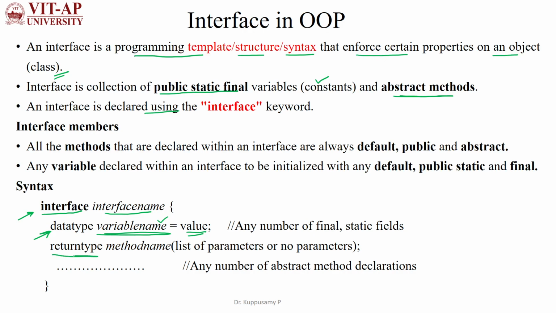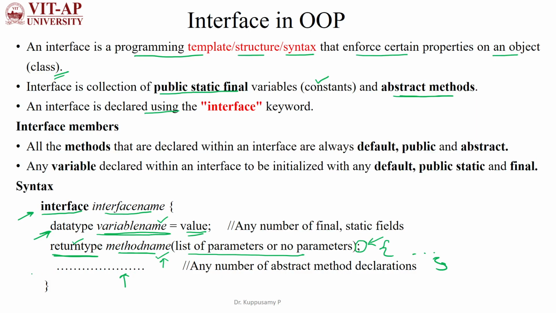Then we can use a return type for any method, like void or integer. And you can use the method name with a list of parameters, or declare the method without parameters. Then we have to finish that method without the method body. The method should not have a body, so we keep a semicolon to end the method declaration. You can declare any number of methods here.